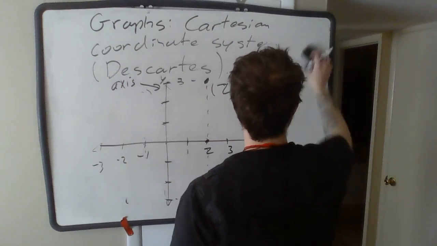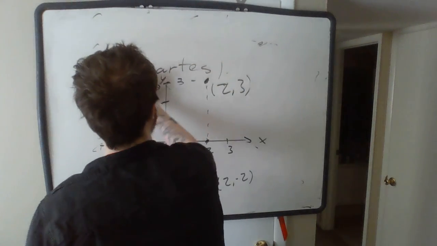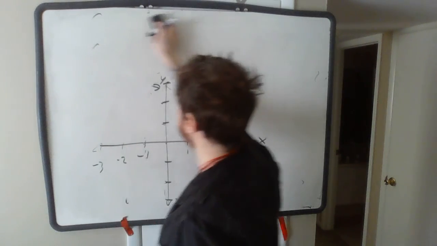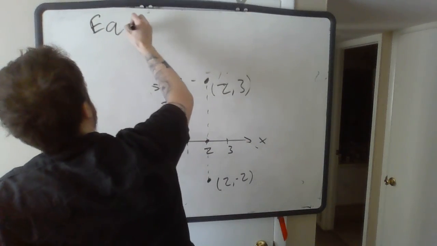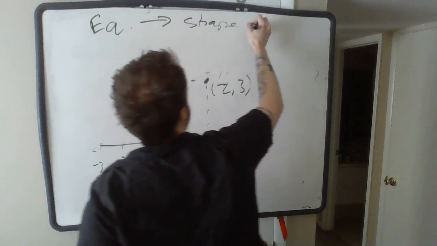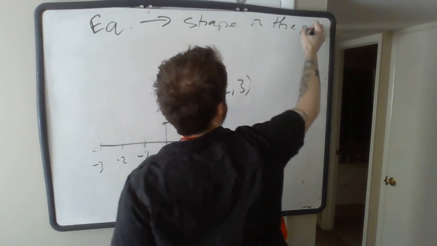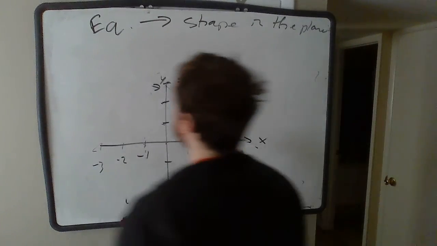Well, the basic way that he was able to say that equations represent shapes in the plane was as follows. So we go from an equation to a shape in the plane in the following way.